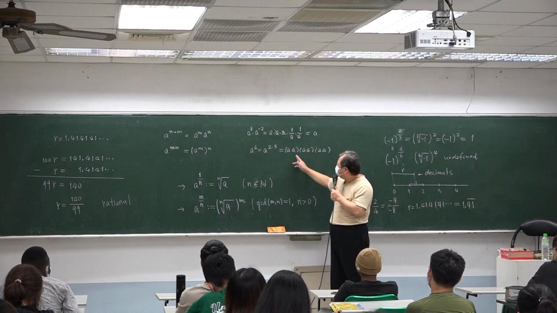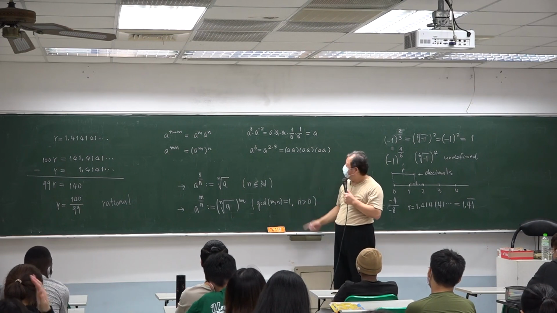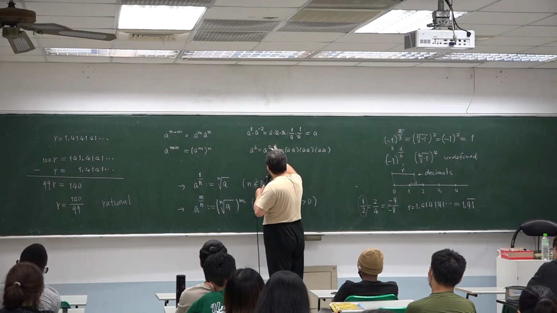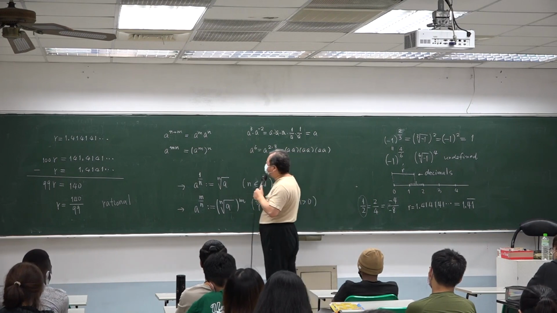Each group consists of 2 A's. And even if one of them is negative, it's also true.